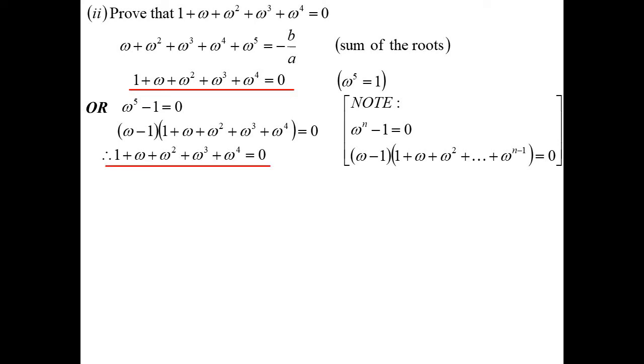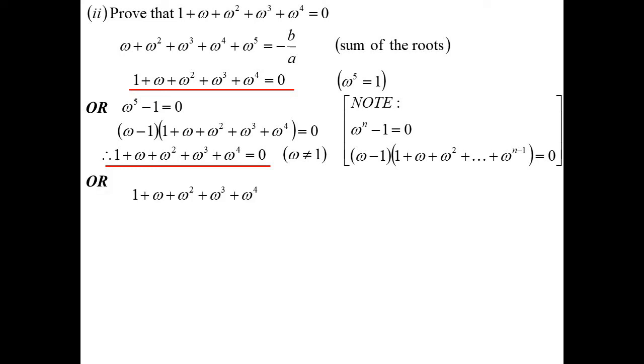Well, it must be that 1 plus omega plus omega squared plus omega cubed plus omega to the power of 4 is equal to 0, because we said omega was not equal to 1. So that first factor can't produce the solution omega equals 1. It's not a possible solution. Therefore, that first factor can't be 0. It must be the other factor that is 0.